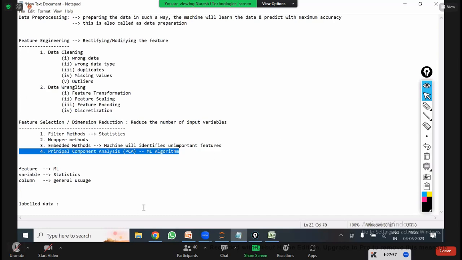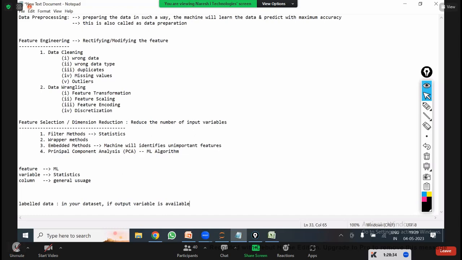Labeled data means if in your data set, if output variable is available, then it is called labeled data.